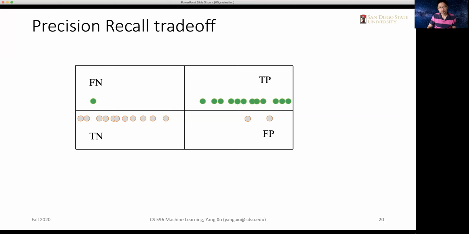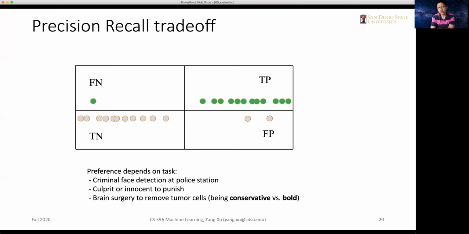So if the model, say, is conservative, then it is likely to have more false negatives. Or in another way, it is more likely to have lower recall. If the model is bold in making positive predictions, then the precision is also likely to drop.